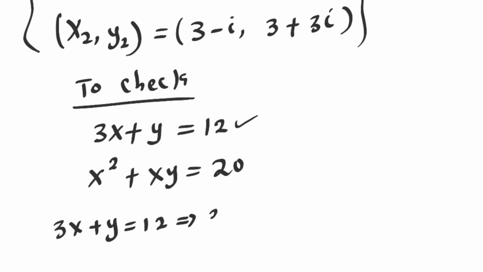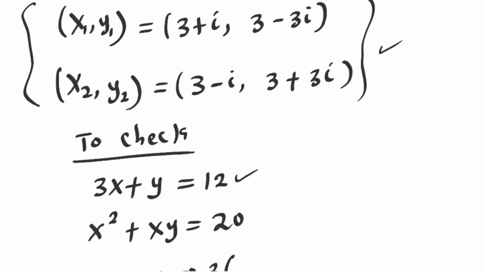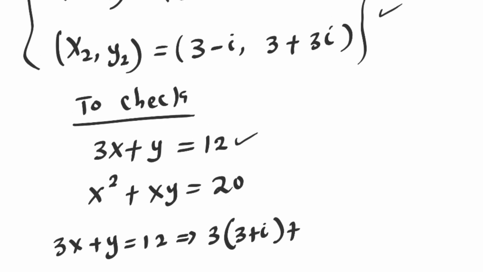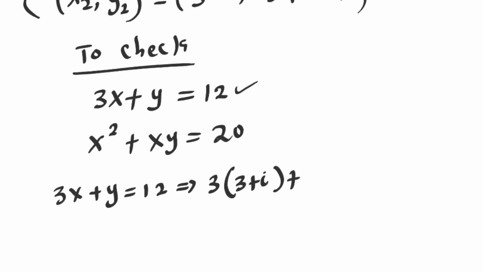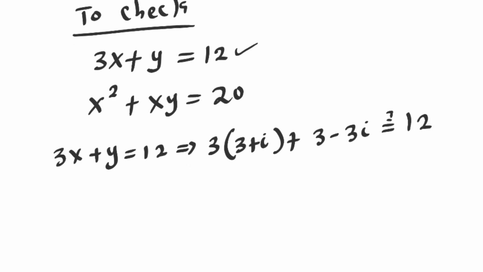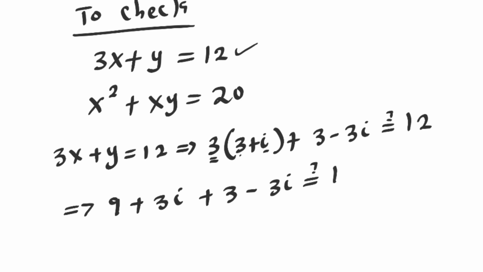This can be written as 3 bracket x is 3 plus i plus y is this 3 minus 3i, must be equal to 12. 3 times 3, this is 9, plus 3 times i, 3i, plus 3 minus 3i must be equal to 12.